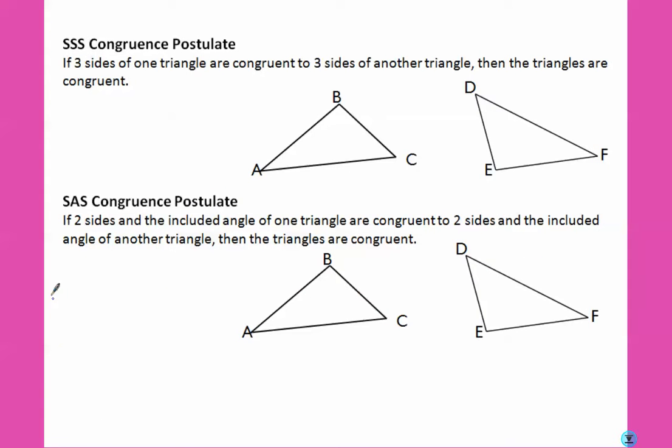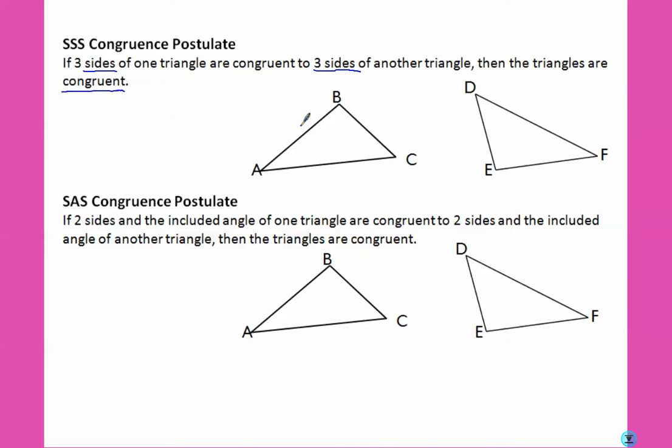So, our first two postulates. Our first postulate is the SSS postulate. If three sides of one triangle are congruent to three sides of another triangle, then the triangles are congruent.